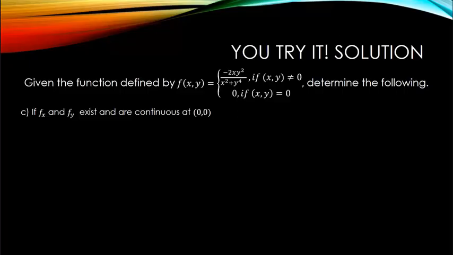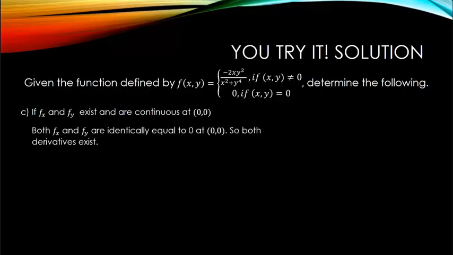Because I have a piecewise defined function that explicitly defines f of xy to be 0 when xy is 0, both fx and fy will be equal to 0 at that point as well. This means that both derivatives exist at the point 0, 0.